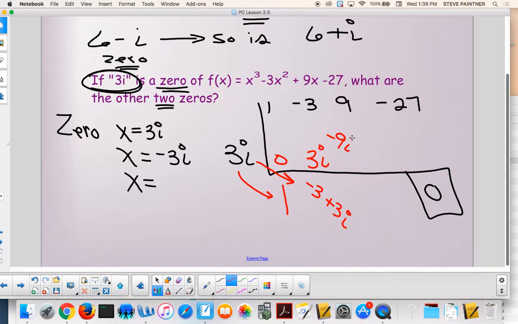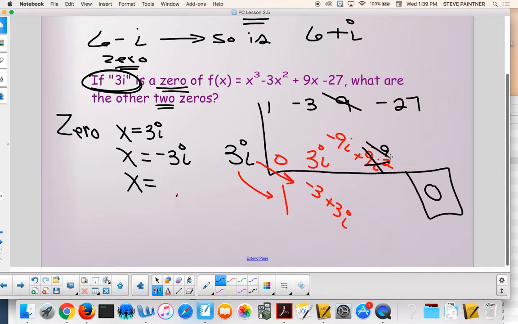Plus 9. And then 3i times 3i is 9i squared. But then you have to think about 9i squared. What is 9i squared? Negative 9. Okay, cross it out, just put negative 9. Now what's 9 plus negative 9? Don't these 9s just go away?